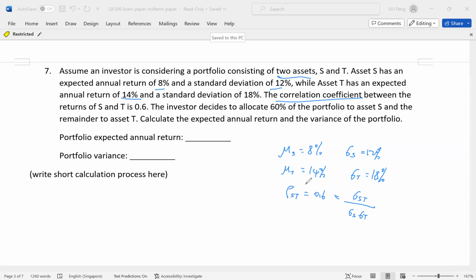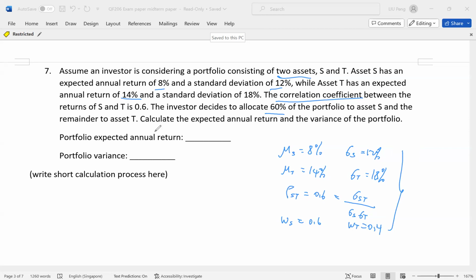That's the definition of correlation, and this is our covariance. I'm also given the weights. I'm going to allocate 60% to S. That means our W S is 0.6, and that makes W T 0.4. Okay, so these are our ingredients given.